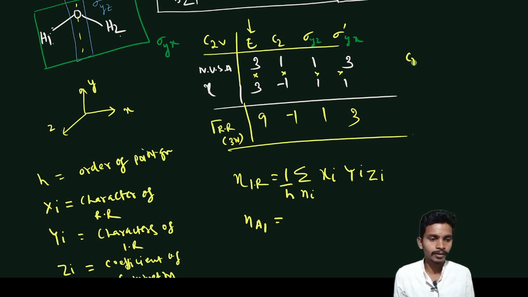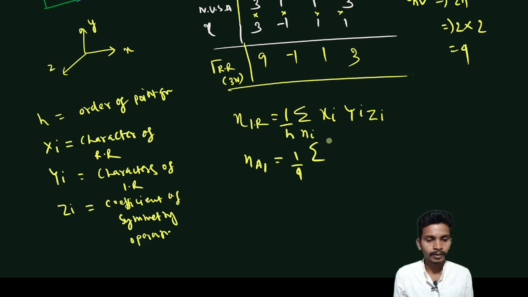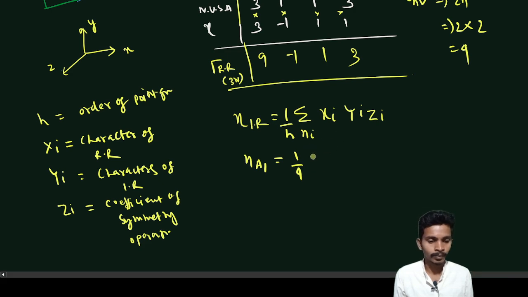This is a C2v type, so the order is 2n, and here 2 into n, which is 2, is equal to 4. So I can say 1 upon 4, and then the summation.